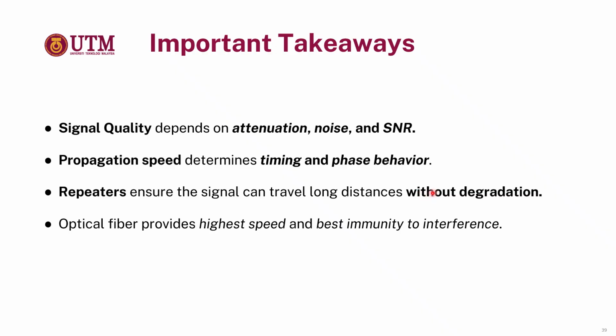To say without is not quite 100% correct, as the system is not perfect, it's not ideal, but repeaters will help us reduce the degradation occurring to our transmitted signals after they have gone through quite a distance. Optical fiber provides the highest speed and the best immunity to interference among the guided communications and also wireless communication. We have learned this from our week 5 slides and also on our week 6.